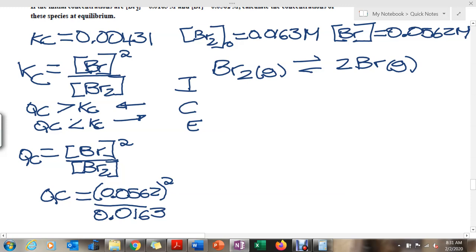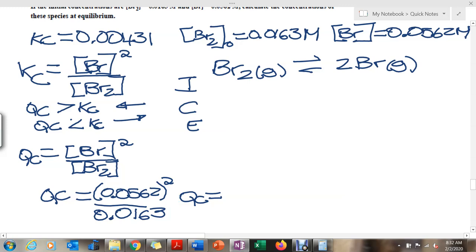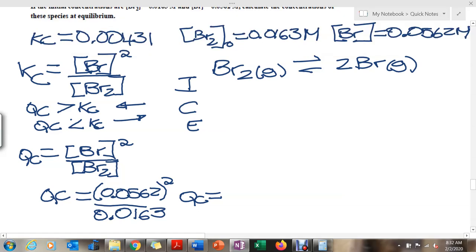So the Qc is equal to, let me erase this so that way you don't get confused, the concentration of Br squared divided by this, and it's 0.194.